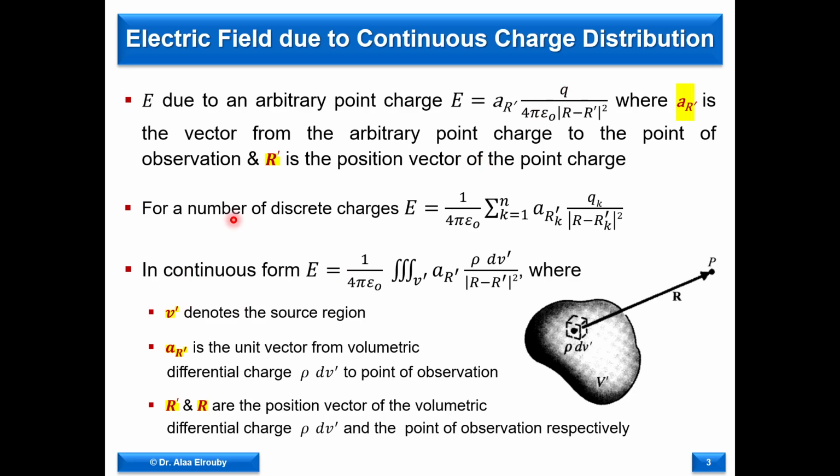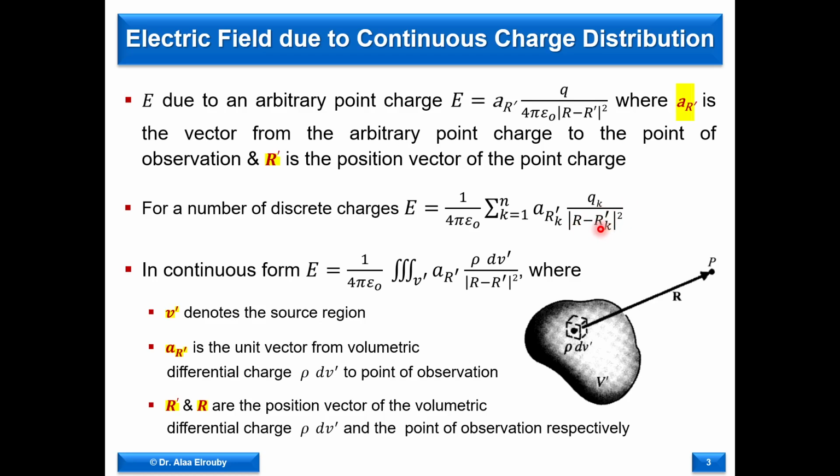Last lecture, we said that if we have a number of discrete charges, the electric field is the superposition, or the summation. And when we're talking about the field, we are talking about the vectorial summation of the electric field caused by individual point charges. So if we have n point charges, the electric field by point charge k equals Qk divided by the absolute square of R minus Rk prime.